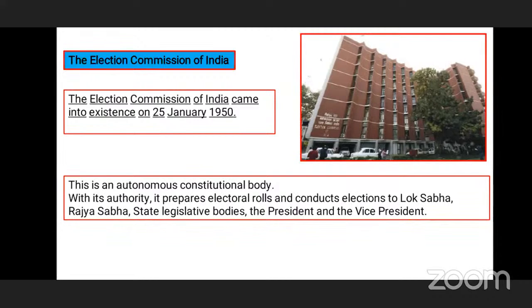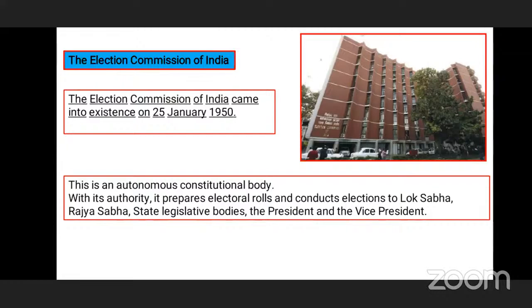Our Indian Election Commission was set up on 25th January 1950. On completion of 60 years on 25th January 2010, the Election Commission of India celebrated its Diamond Jubilee and announced 25th January 2011 as First Voters Day.